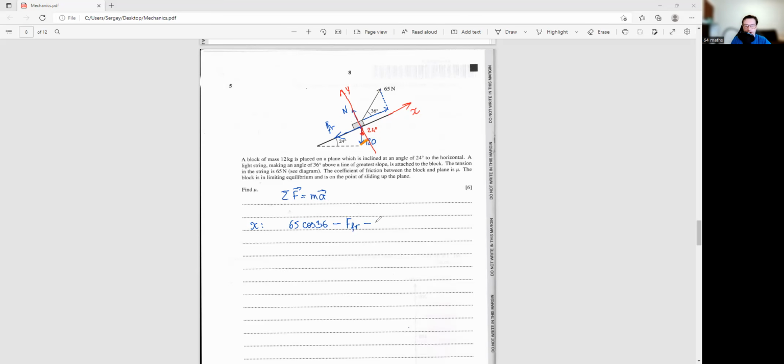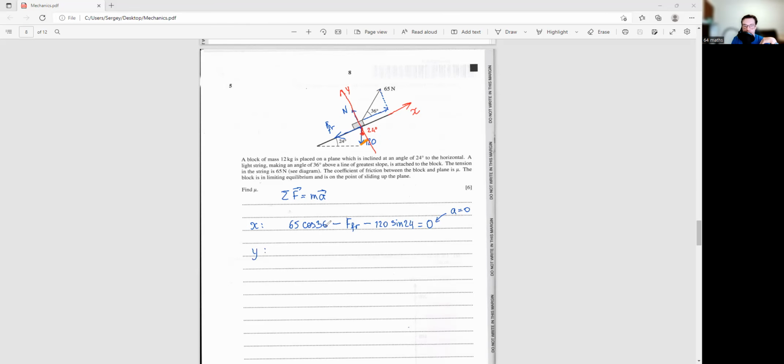So minus 120 sine 24. I don't see any other forces acting on x-axis. So that should be equal to mass times acceleration. And because our system is in equilibrium, that equals 0. Because a equals 0.